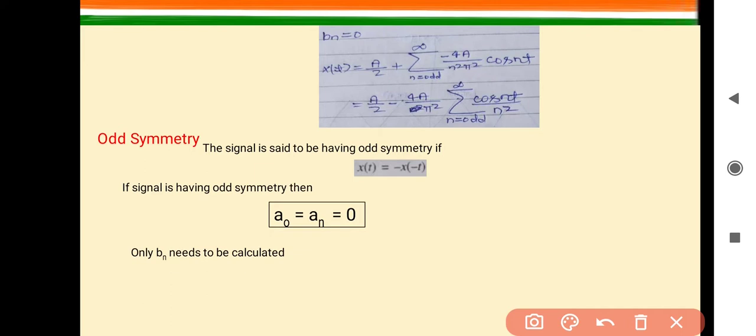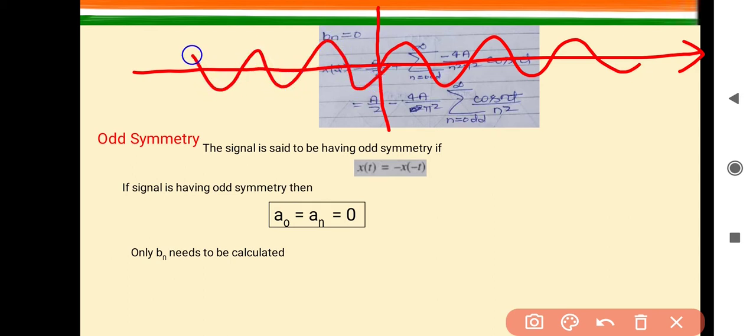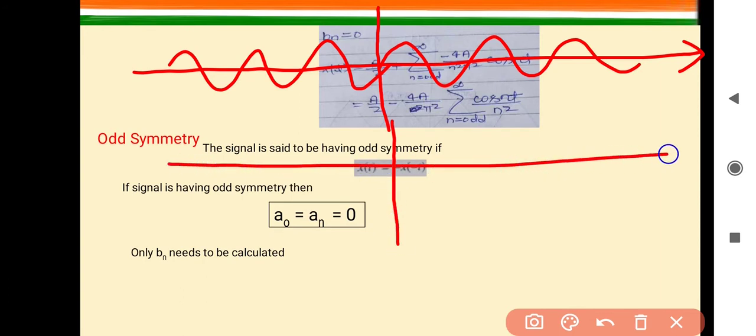Look how the given signal is. The given signal is something like this. If I take reversal of this signal about the y axis, the signal that appears on the right side of the y axis will go to the left, and the left side of the signal will go to the right of the y axis.